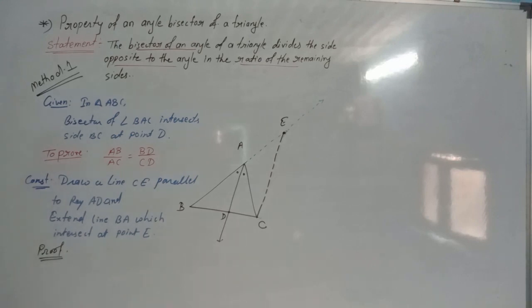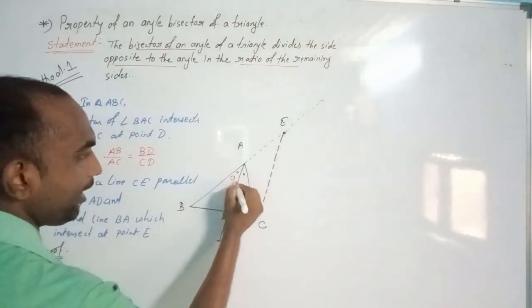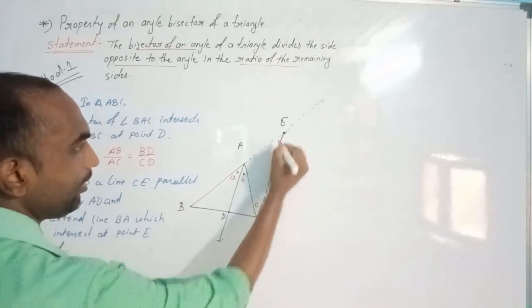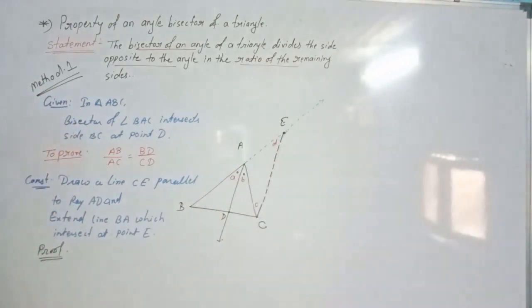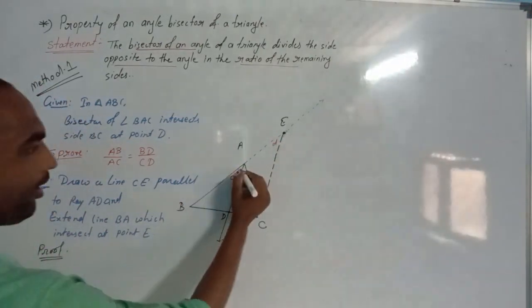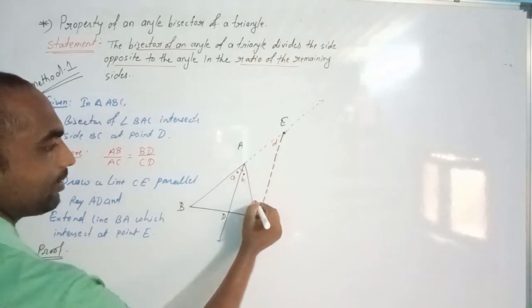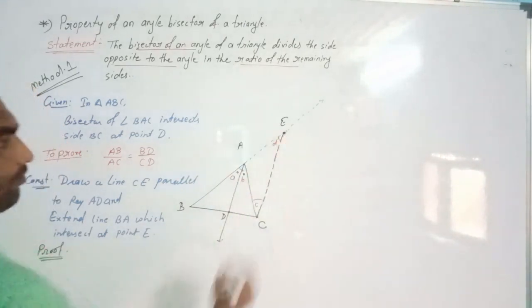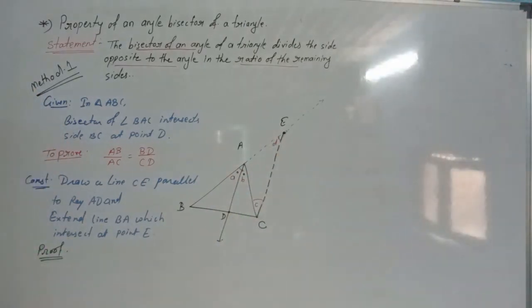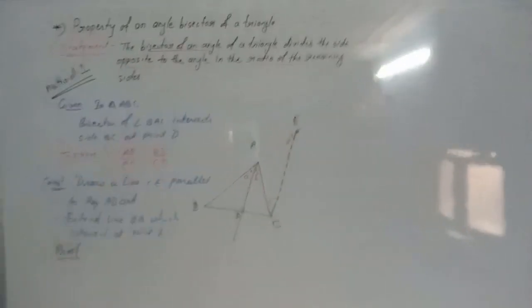Now first, to make it easy to write the proof, we will give some names. Suppose I consider, see here, it's an easy way to write the proof. Just give names to the angles. I give this one A, B, C and D. Are you getting it? I consider this naming. So in the triangle, first add the given thing.